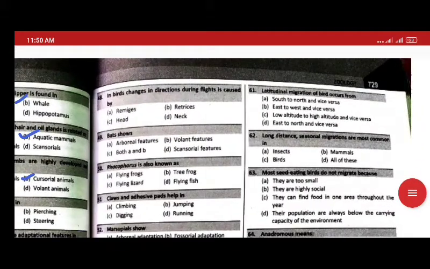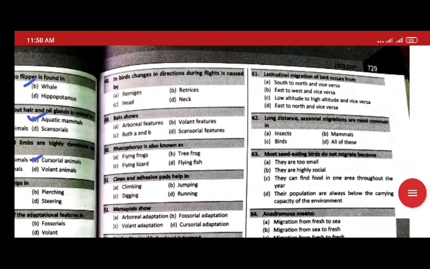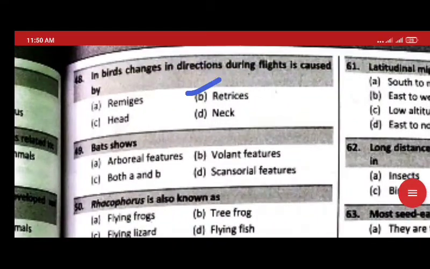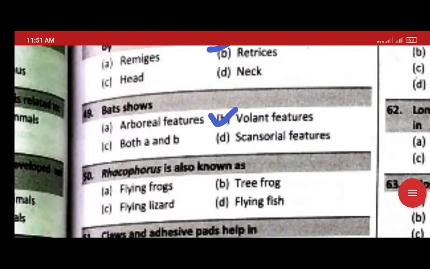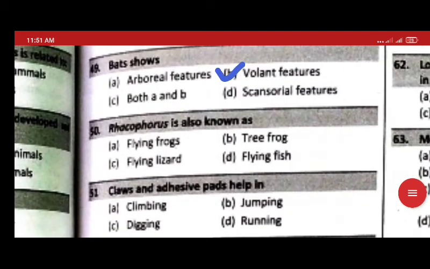Now in a bird, change of direction during flight is caused by. So change in direction, in bird you can change direction by rectrices. So option B is right. Now bat shows, bat lives in caves and mostly shows volant type of adaptation because of flying.